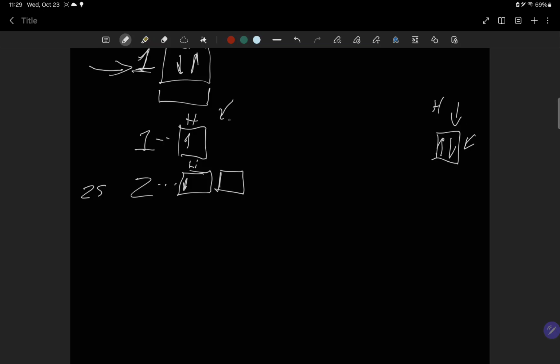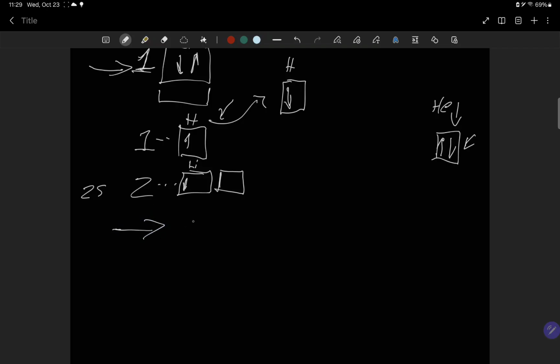So hydrogen. How would we determine that? Sorry. So hydrogen has 1 electron. So it's just going to have that 1 electron. Helium is going to have 2 electrons. So it fills the entire s1 orbital. Okay.